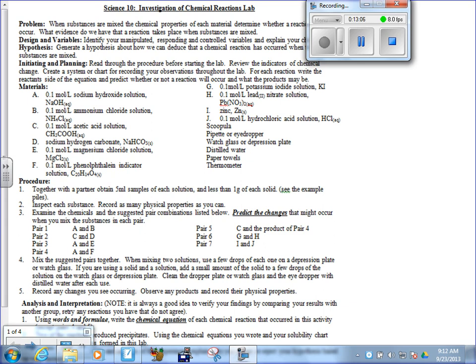Okay, guys, have a look up here, please. Goggles on, aprons on, please, and eyes forward.